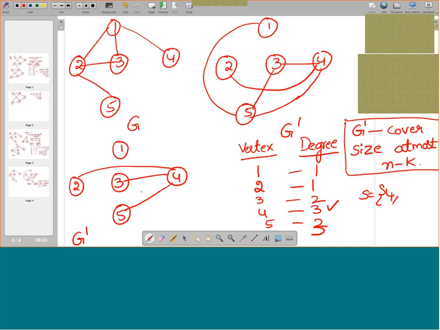Next, if we take 5, we can draw 5 to 3 and 5 to 1.